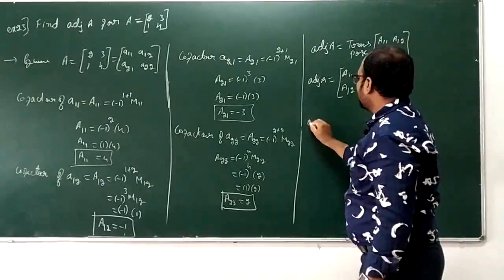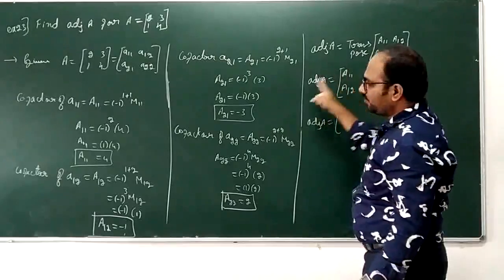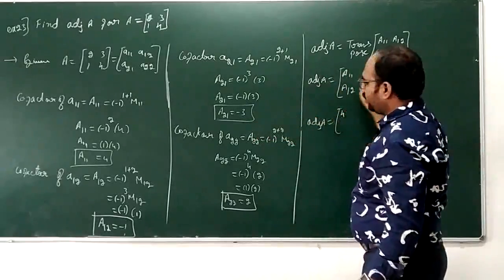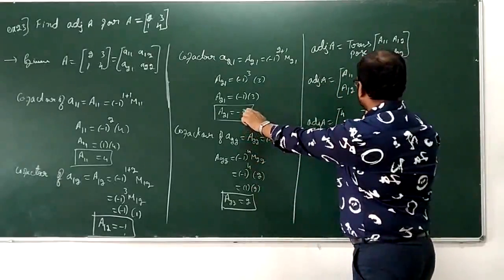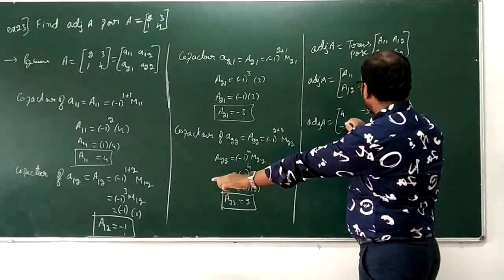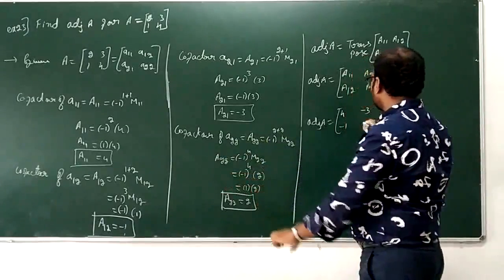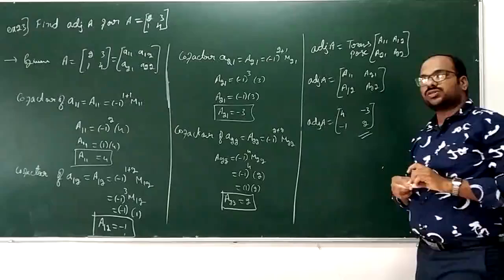Now adjoint of A is equal to the value of A11 is 4, the value of A21 is minus 3, the value of A12 is minus 1, the value of A22 is 2. This is your solution for a 2 cross 2 matrix.